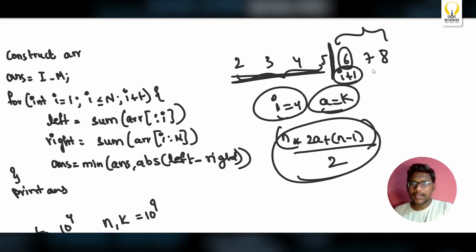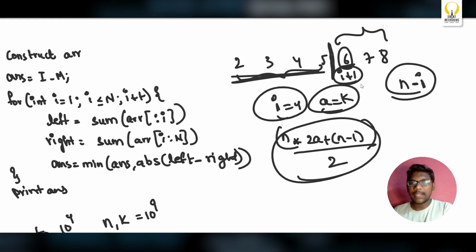The total number of elements is n, and out of this, you have to neglect all these. So can I simply say n minus I elements you are having here? And for these n minus I terms, how do you get the value here?